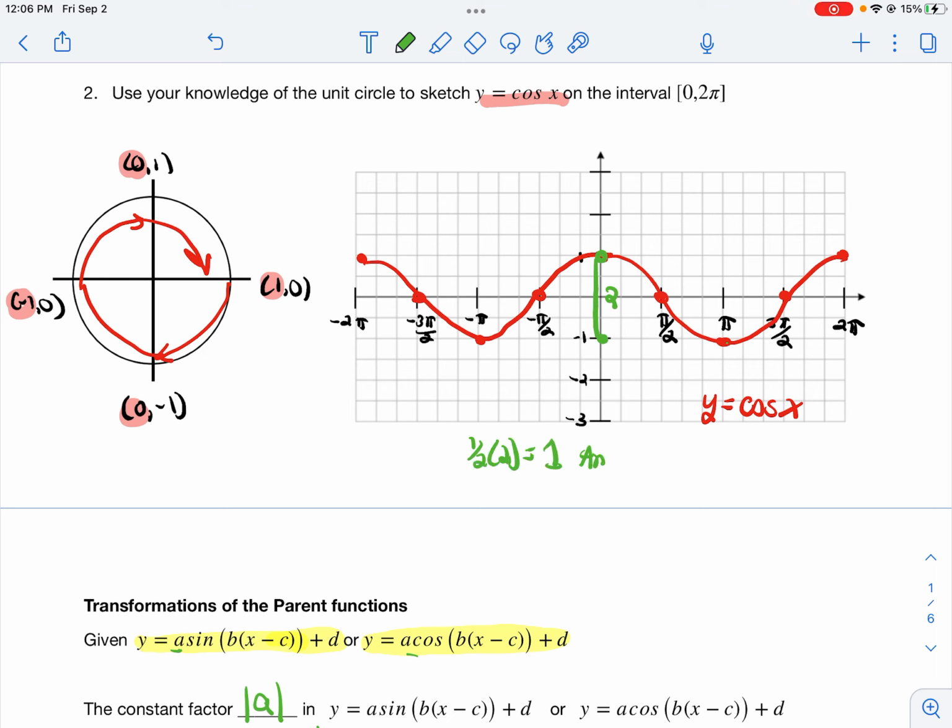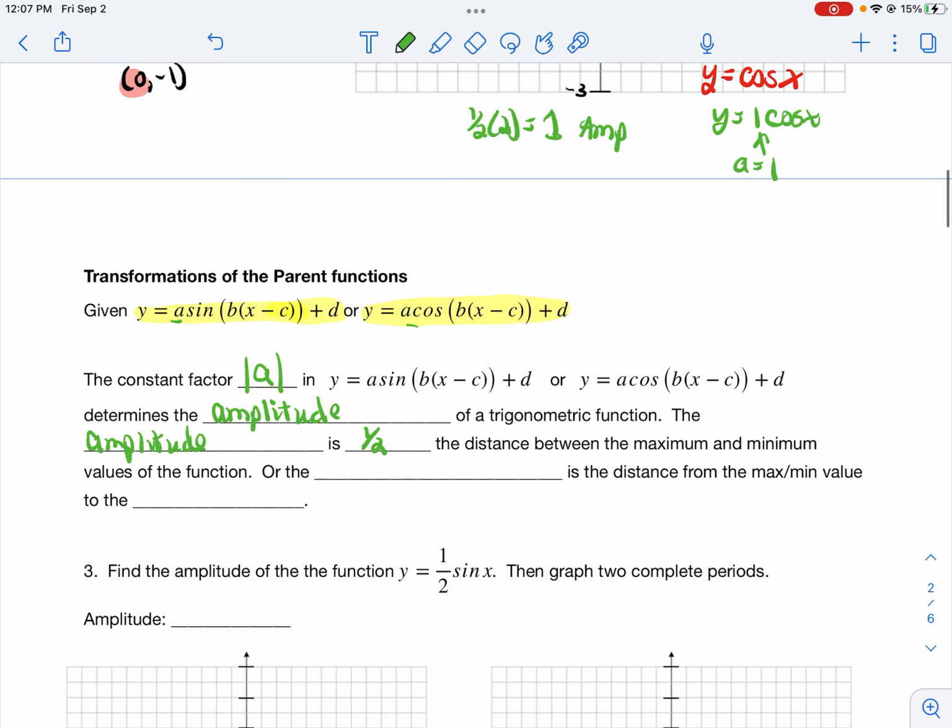So my amplitude of my cosine graph is 1, which makes sense because the number I'm multiplying cosine by here is understood to be 1. So A in this problem is 1. So that's my amplitude.